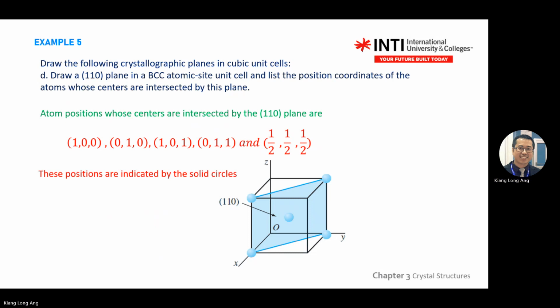Is it correct? Oh, this one. Okay. So basically, it's the idea like that. So if we recycle the question and ask you another plane, you should be able to answer. Yes, it's a BCC. So you have to prove that there is actually an atom at that location.